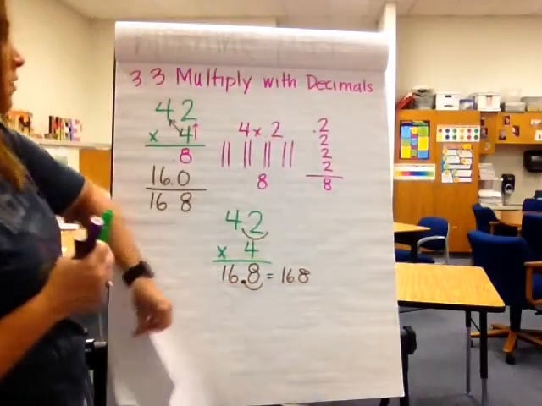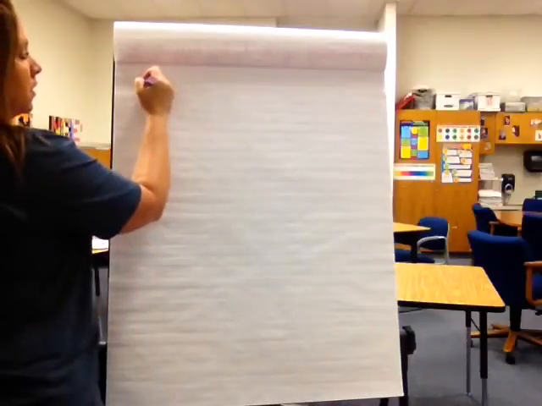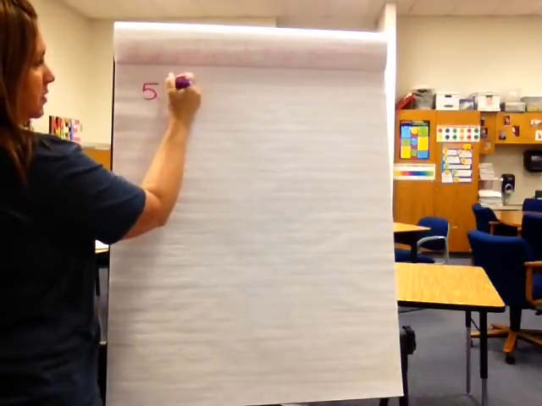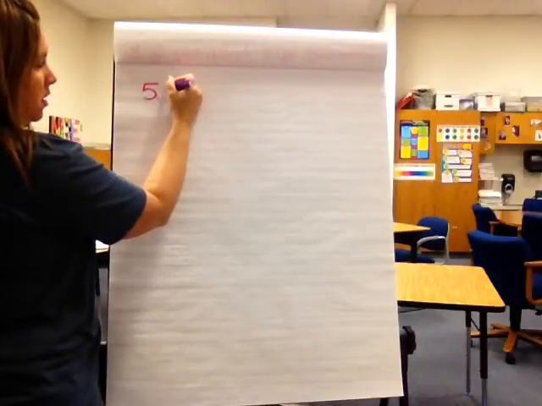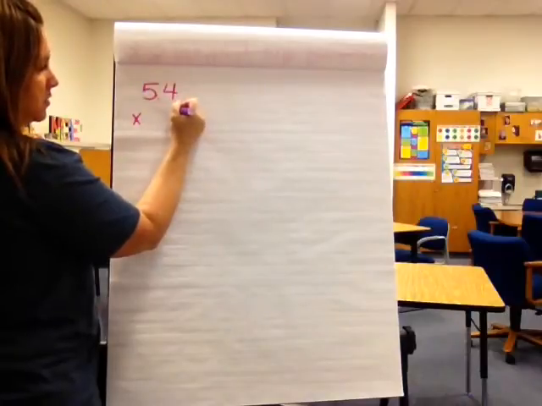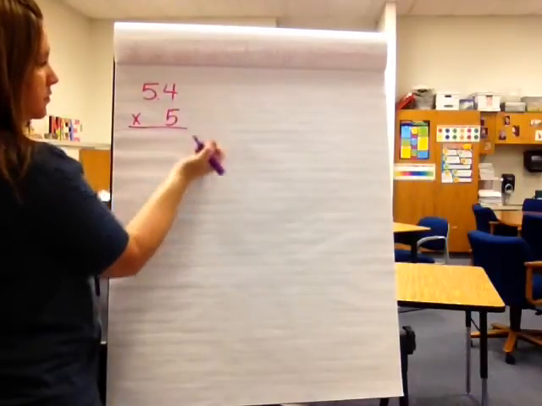Okay. Very quickly moving on. Again, I want to show you what it means and then show with the moving of the decimals. Okay. So let's do 5 and 4/10 times 5.